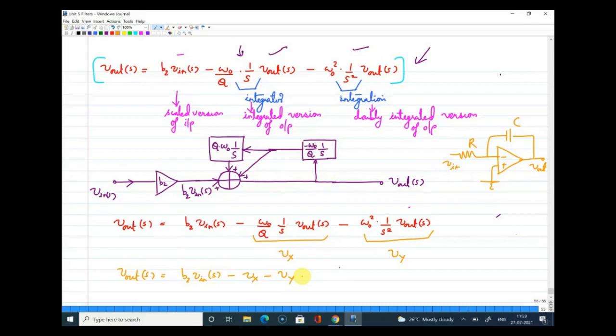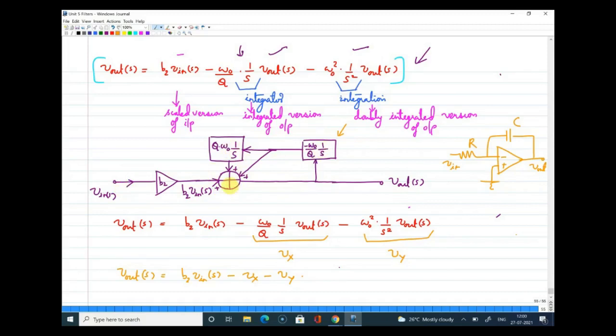Can you roughly see that one integrator is required to implement 1 by S, as I mentioned here. That means if you have a doubly integrated version of the output, you need two integrators, which means two op amps are required, right? Apart from that, you need to add these three things here, because there is a direct integration, a double integration, and a scaling of your input. That means a summer is also required to sum up all these three things together.